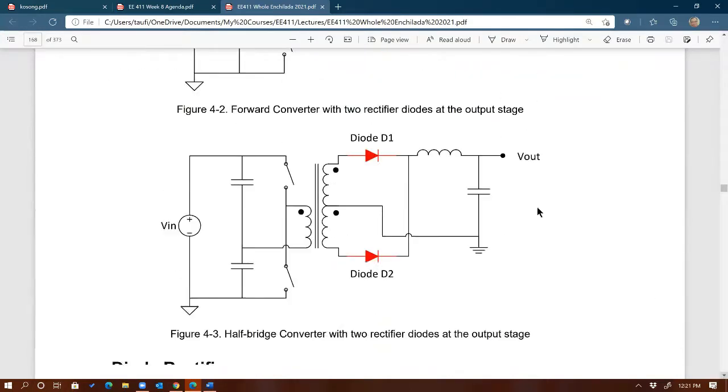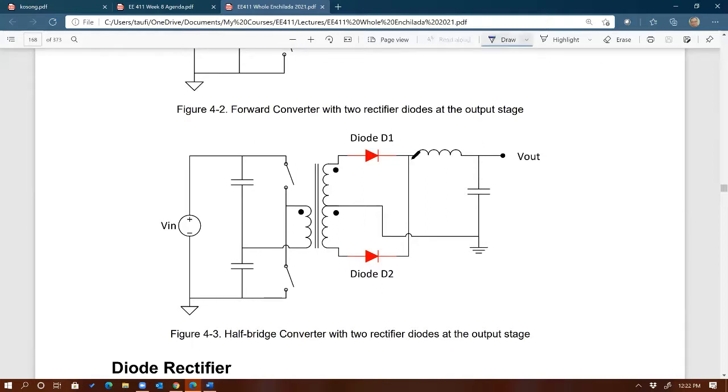And then we have a half bridge. You can tell from the two switches and the two diodes. Again, we have diode rectifiers that rectify the input pulses into DC, and then you filter that.